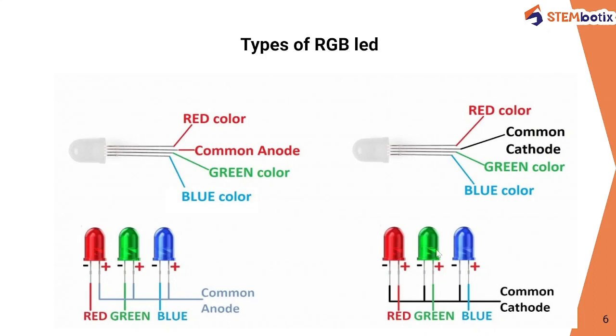In these three, one terminal is shorted commonly, which is the common cathode terminal. That's why it's classified as a common cathode, and the same goes for the common anode: the anode terminals of these three primary color LEDs are shorted internally.